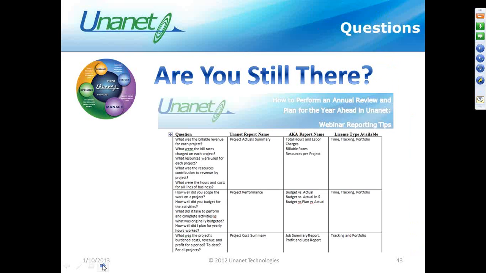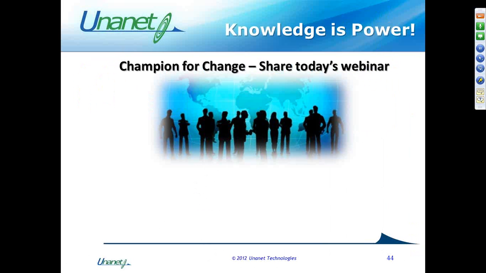It also lists the license type available for each report. For instance, this project actual summary is available with all the different license types. So we'll be sending out this tip sheet to you after the webinar is over.